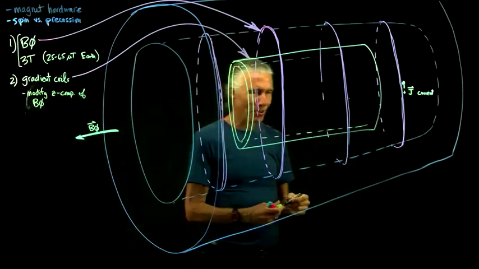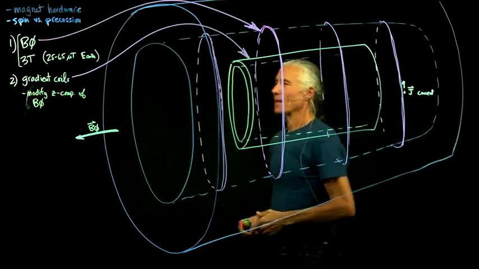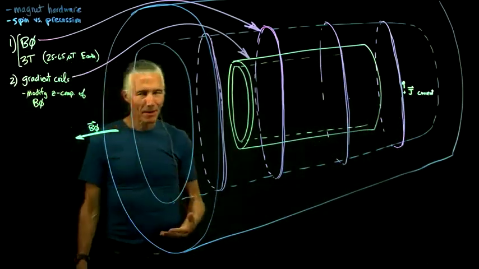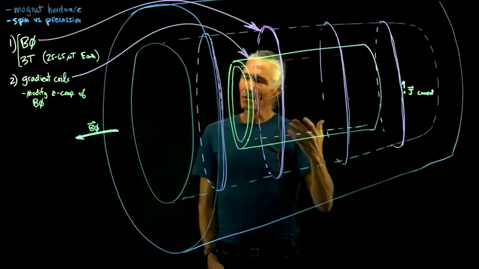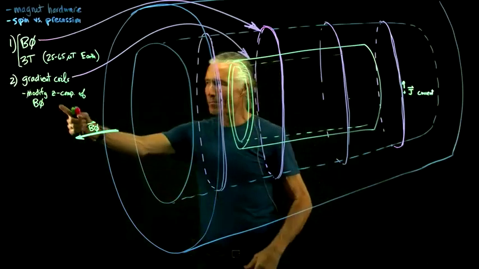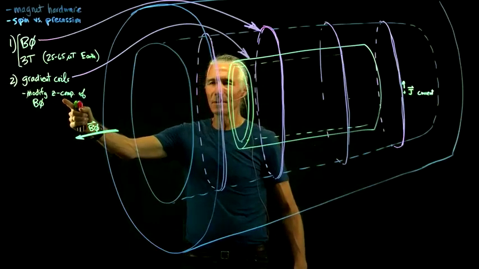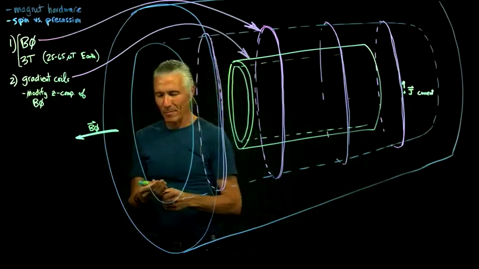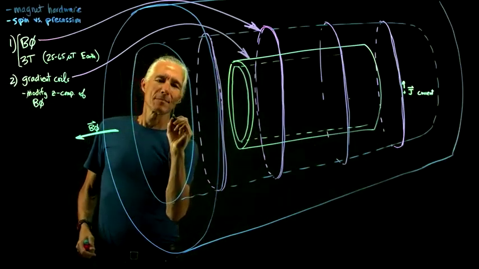I said coils, so why do you need 3 of them? Basically you can modify the Z component of the B field in the X direction, or you can modify the Z component of the B field in the Y direction, or modify the Z component of the B field in the Z direction. We didn't make our little coordinate system, but here's the coordinate system that we're going to be using.